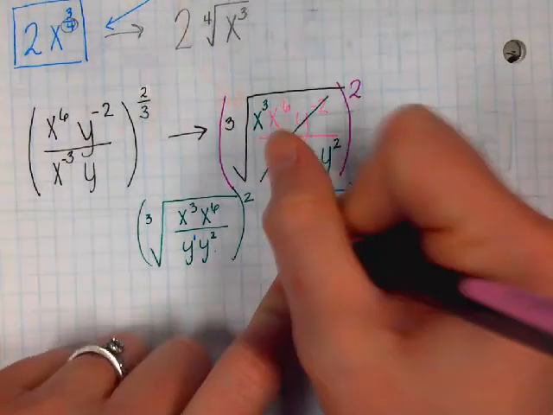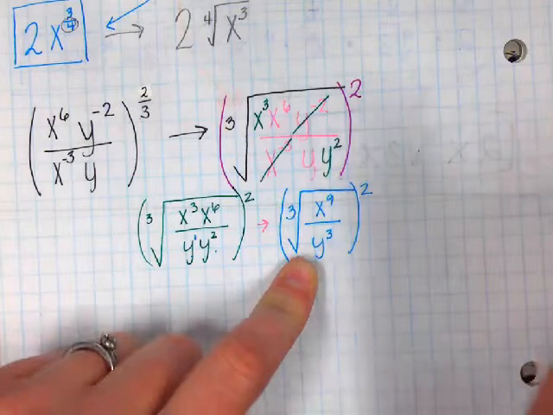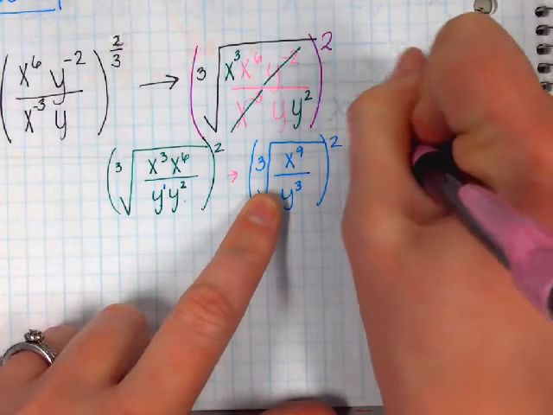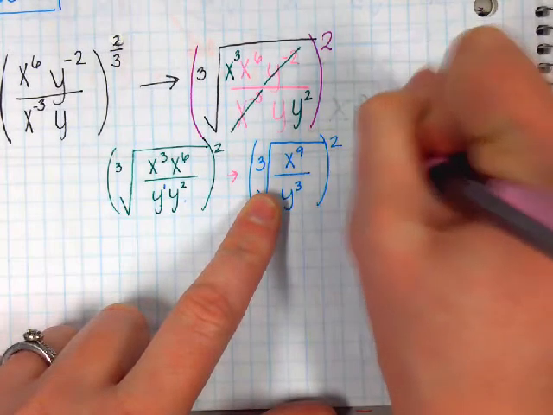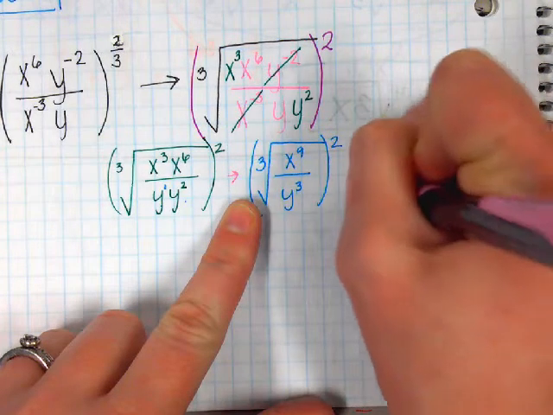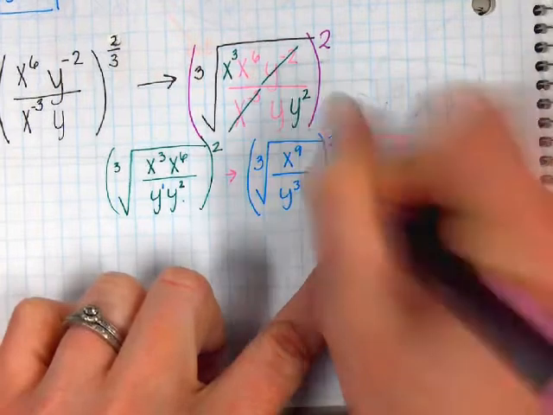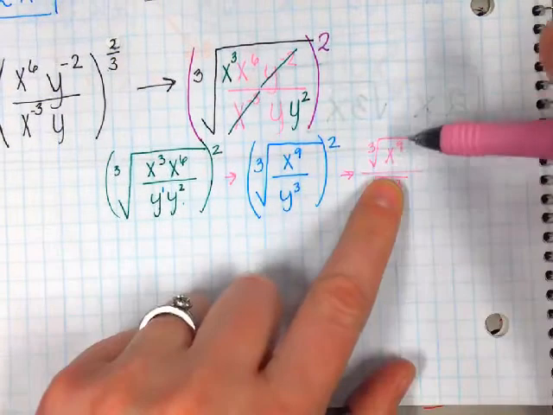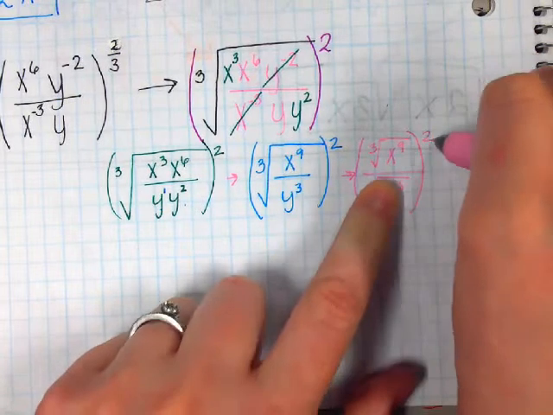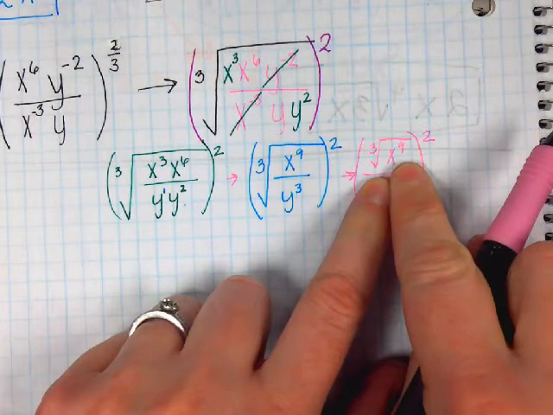So then if we look at the cube root, remember just like when we were separating out to simplify like this, we can separate the radical out to cover the numerator, and we can separate it out to cover the denominator. Notice x to the 9th, oh, and don't forget your squared again.